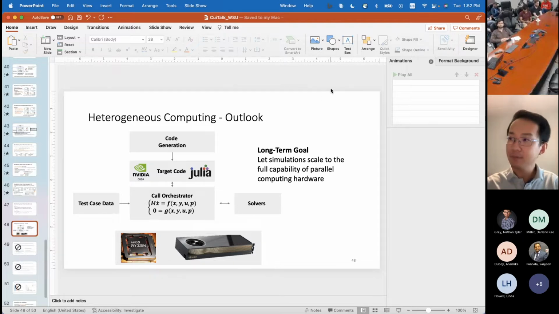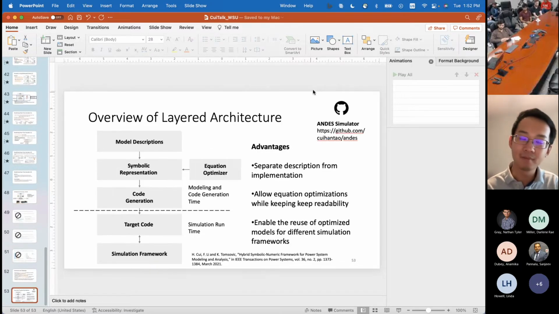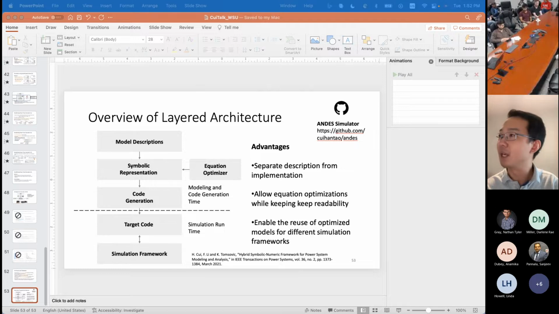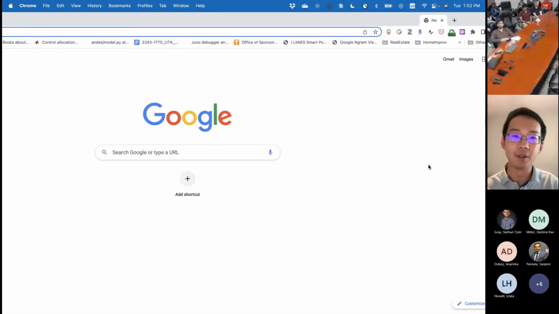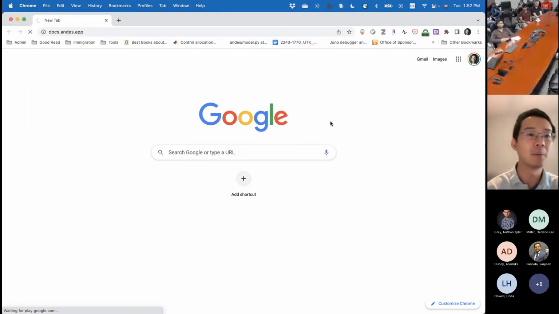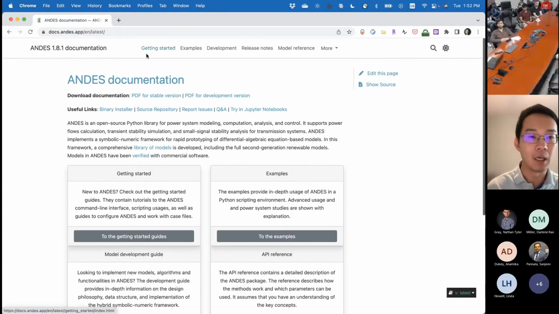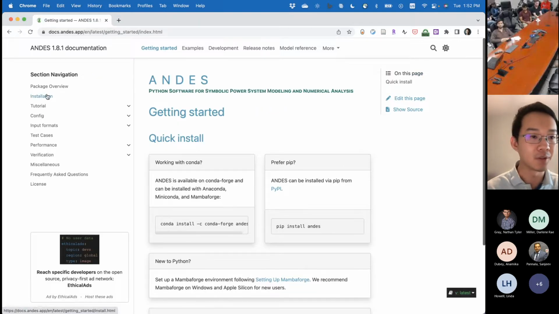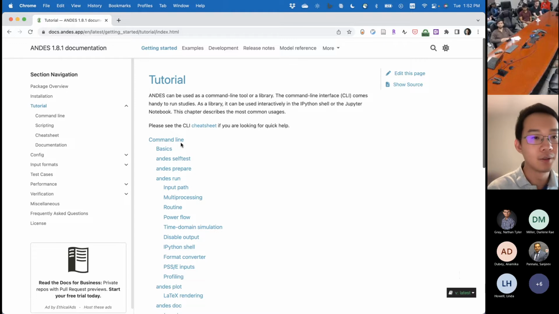Okay, and then I'm interested in the tool. So if I go on GitHub and I download this, is there sort of a base case that is implemented so that I can run it and see how the different parts work together? Yes, that is available in the documentation. The website is docs.andys.app. We have, I would say, pretty good documentation for getting you started.